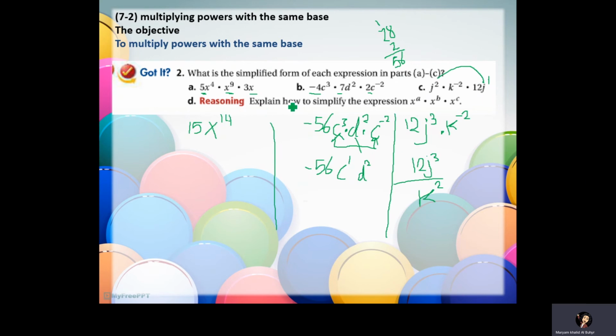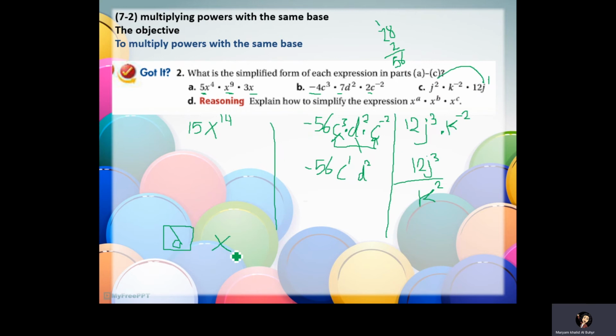Now reasoning. Explain how to multiply the expression x to the power a times x to the power b times x to the power c. Exactly same idea. Since you have same base, you are going to add the powers. But since these are not numbers, you don't need to worry about them.